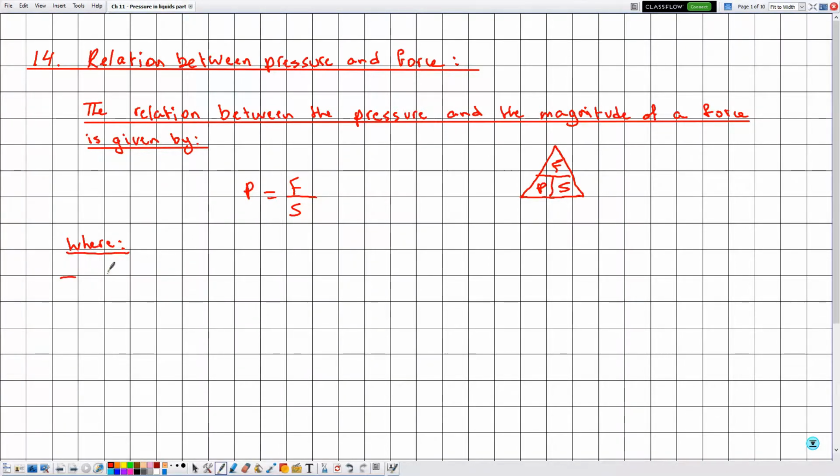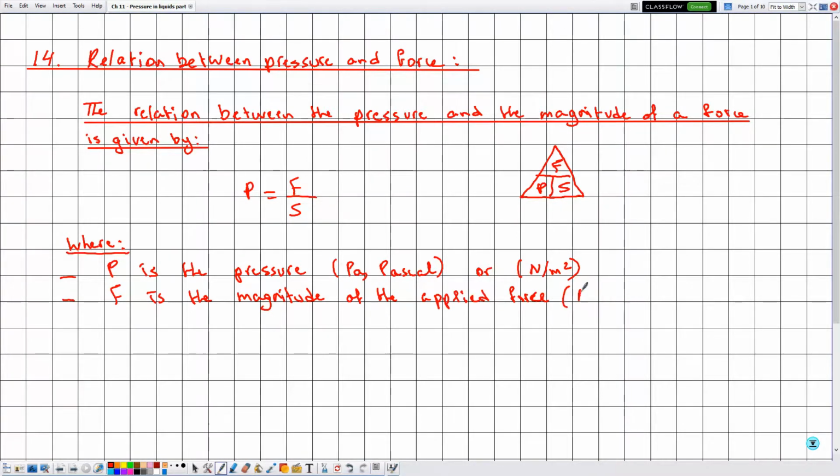P is the pressure, and its SI unit is Pascal, which stands for Newton per meter square, in which F represents the magnitude or the value of the applied force, and we know that the SI unit of the magnitude is newtons.